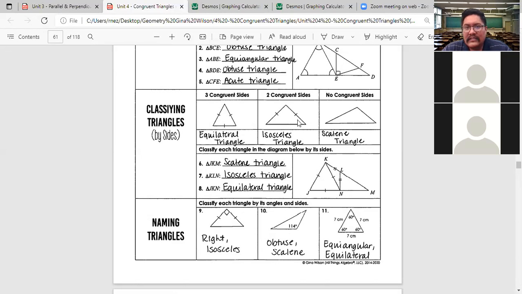And then since we only have 3 sides, what if we have 2 of them? So 2 congruent sides, 2 of them that are the same. So we would call that an isosceles triangle. And this one's kind of a weird word because it kind of comes out of nowhere. There are some words that have the prefix here, like isometric exercises or isometric dots or isometric drawing. But they don't really quite mean the exact same thing.